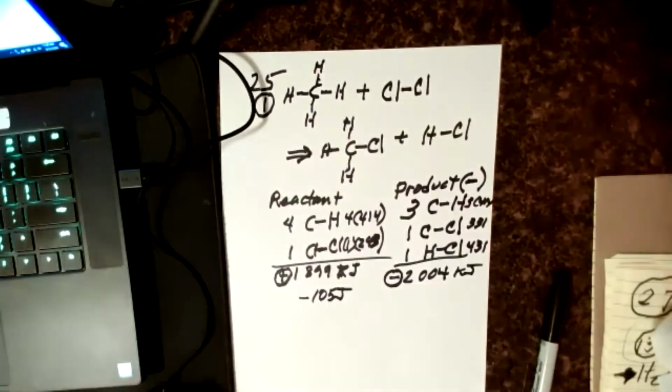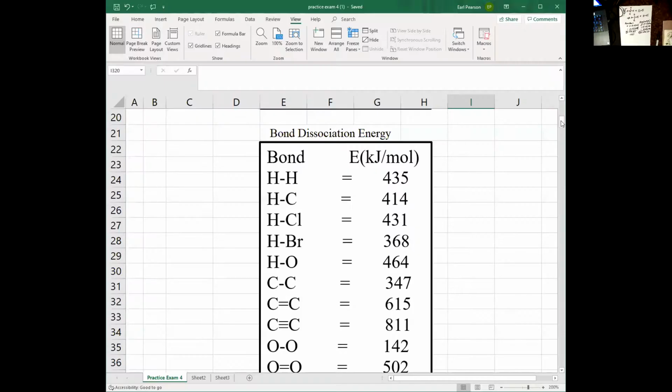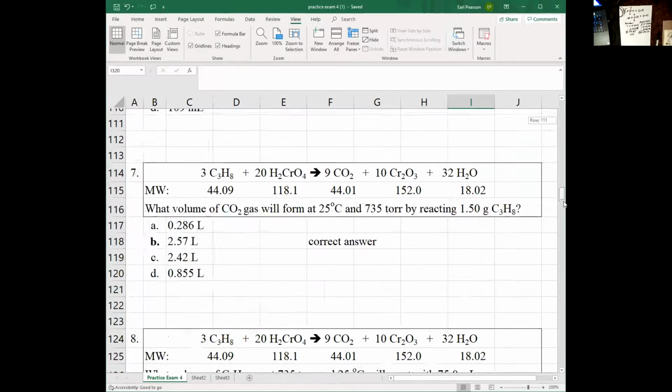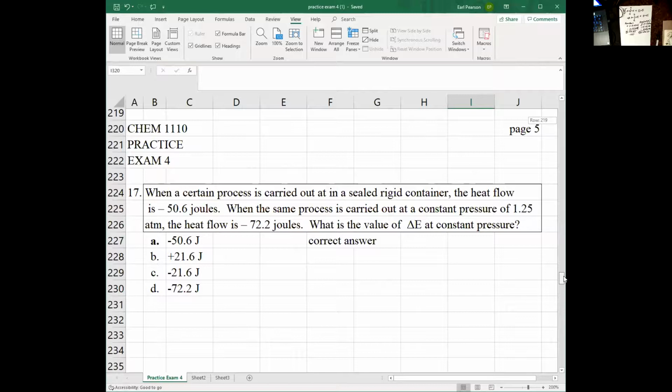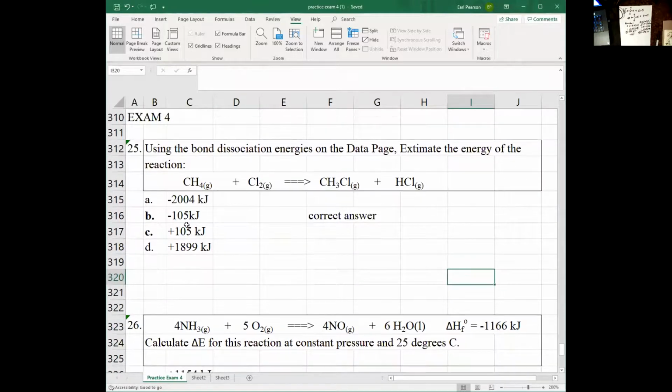So that should be the answer. If I share screen, go back to here, go back to wherever we are, 25. Yes. And so we got an energy of minus 105.